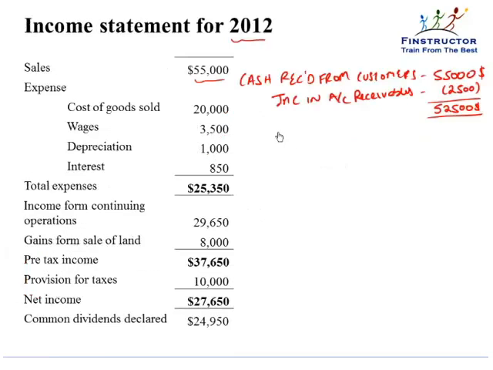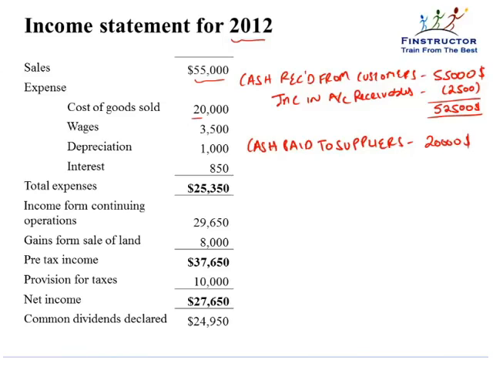The next item would be the cash paid to suppliers. In the absence of other information, we would assume that $20,000, that is the cost of goods sold, would have been paid to suppliers for making the product, or it will be a number of $20,000.